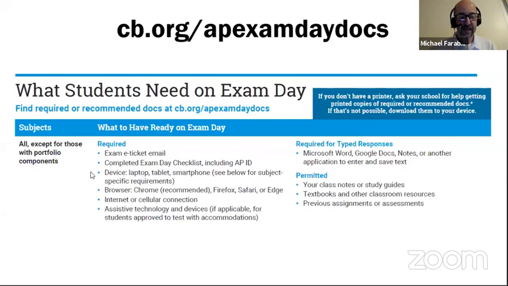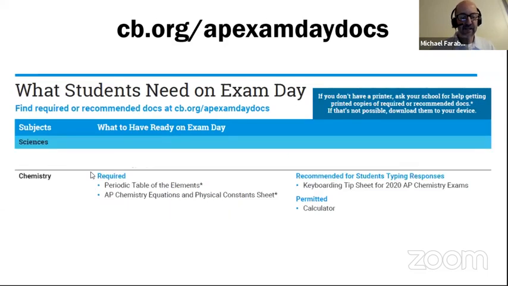On exam day, there are a variety of things that you need besides your e-ticket. You'll need your device and a particular browser. They recommend Chrome, Firefox, Safari, or Edge. You'll also need a reliable internet connection or a cellular connection. For AP Chemistry specifically, you'll need the periodic table of the elements and the equations and constant sheet.